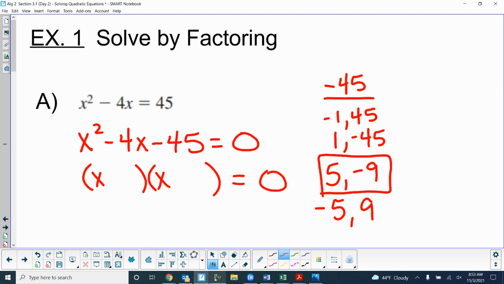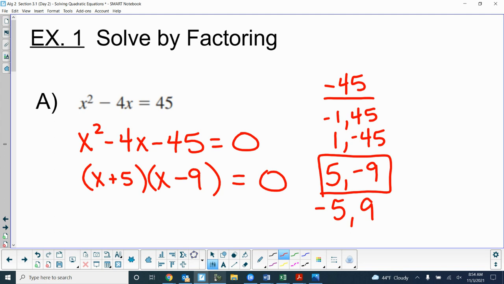He said negative 9 and 5, which is the right pair, right? When I multiply those two, I get my negative 45, and when I add those two, I get the negative 4, which is the b value. If you use negative 5 and 9, you'll get a positive 4. And if you look at the b, it's a negative, okay? So that does make a difference. So make sure your signs are the right ones. So we have to use the positive 5 and the negative 9.